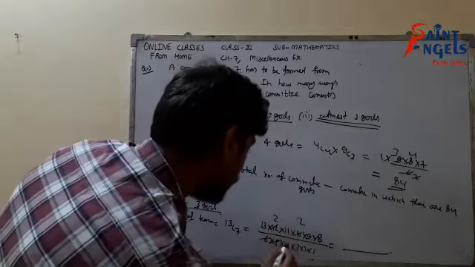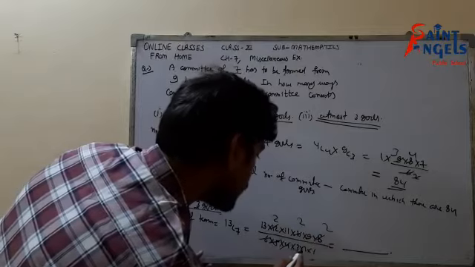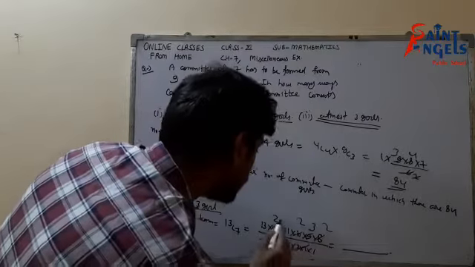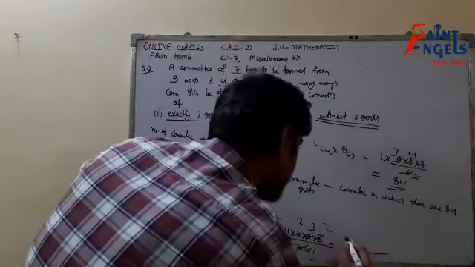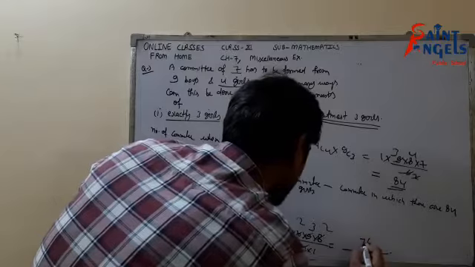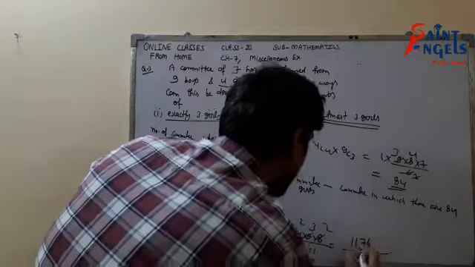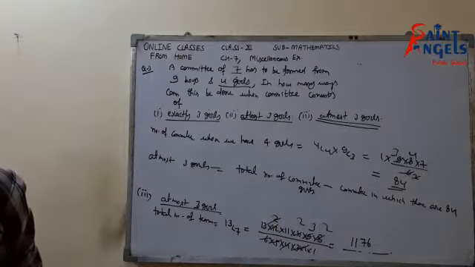And when you solve it, 5 2s are 10, 4 2 times, 3 times 2. That would be 1716. That would be the total number of committees.